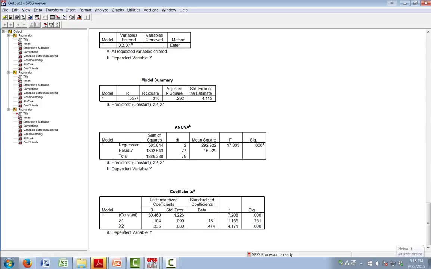So the interpretation is: if a student has 0 in X1, no study at all, and 0 in X2, like for example test anxiety, that student is expected to have a learning outcome of 30.460. This is how we interpret this intercept value.